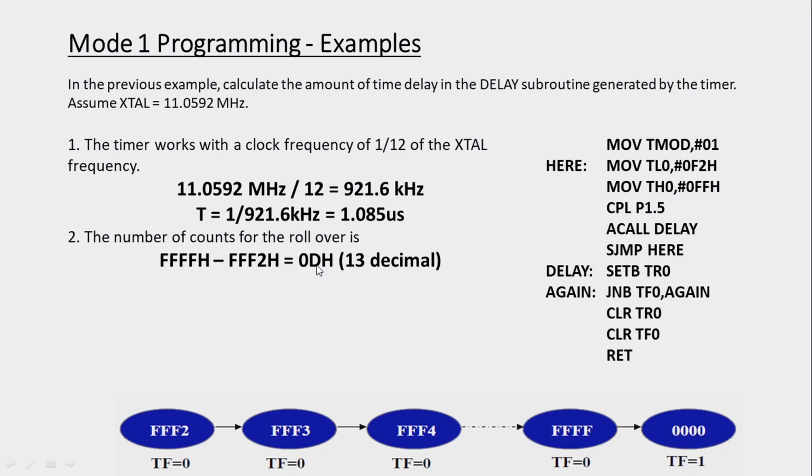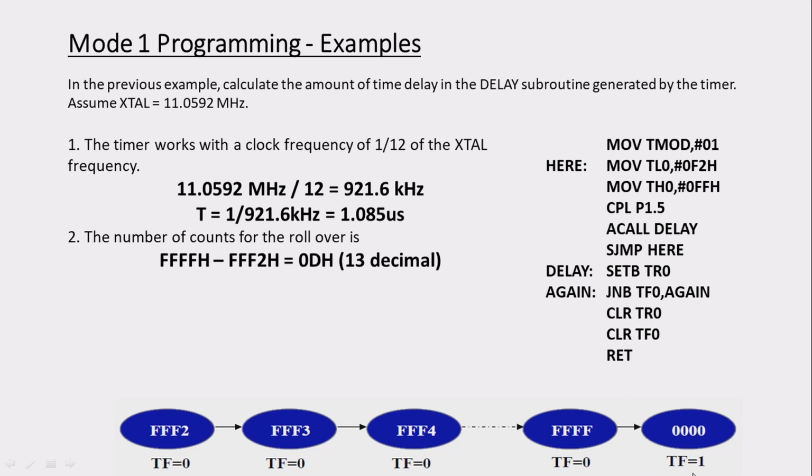If you convert this 0D hexa into decimal format, the value you'll be getting is 13. So the number of clocks required to count from this value to this value is 13 clock cycles. But once it has reached FFFF hexa, in the next clock cycle it is going to overflow.